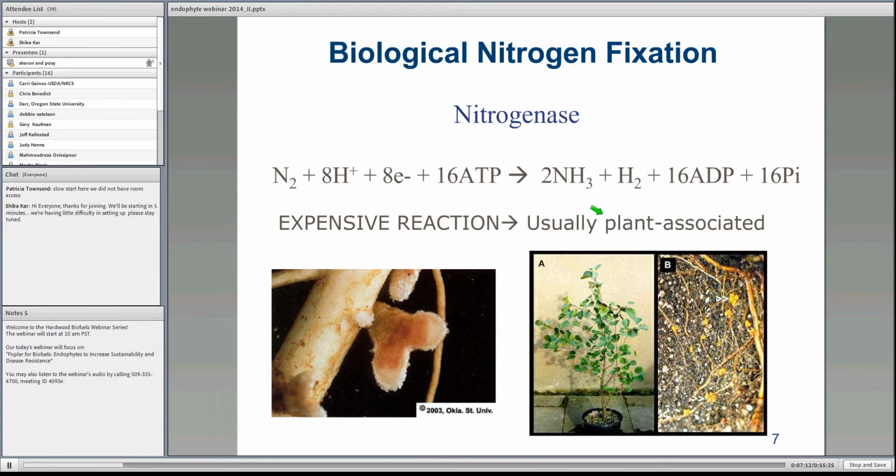The most well understood and well characterized of these nitrogen fixation symbioses with plants is through root nodules. So this is rhizobium in legumes, and also Frankia in alder trees and similar plants.